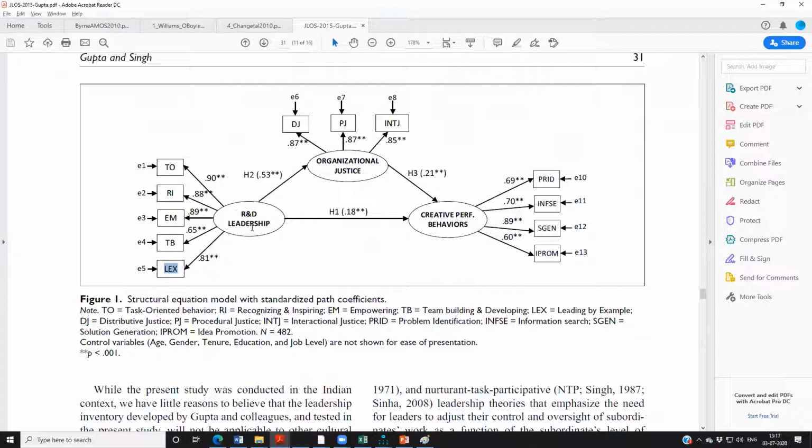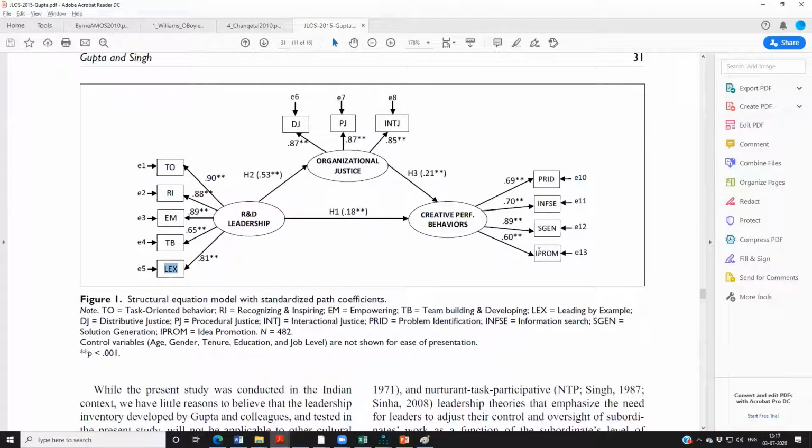So this was my first order. Similarly, justice, as many of you may know, is a 3-dimensional construct having distributive justice, procedural justice, and interactional justice. There also I took parcels dimension-wise. Similarly, creative performance behavior, the third construct we are working with, was a 4-dimensional construct measured by about 20 items.